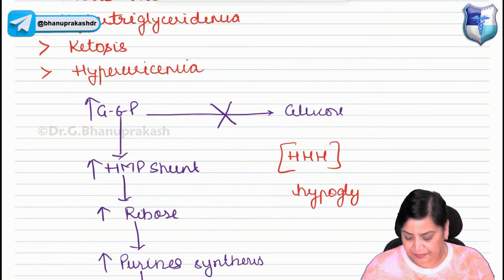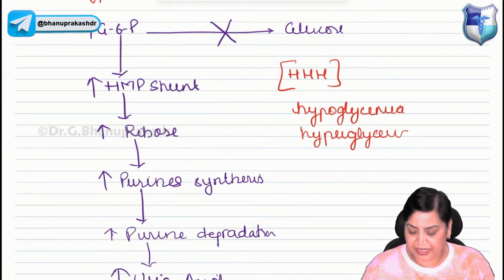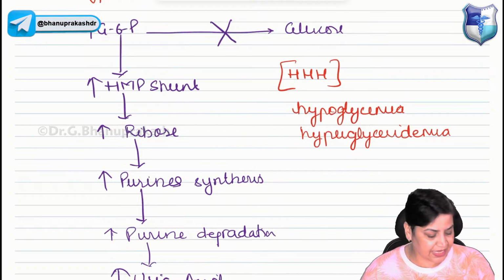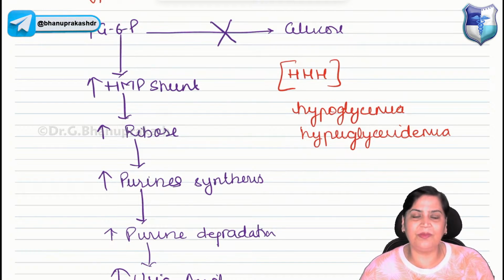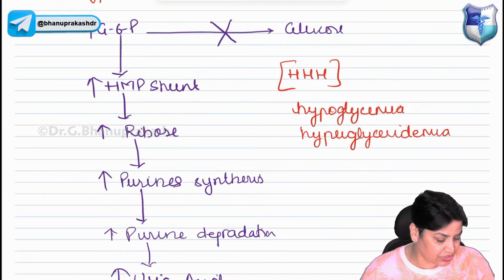Hypoglycemia, right? Hypertriglyceridemia. If you are finding this terminology a little difficult, just dissect the words. Dissection of the words will make it more clear. If I say hypoglycemia, hypo means decrease, glycemia is carbohydrate, mainly glucose, so decreased concentration of glucose.